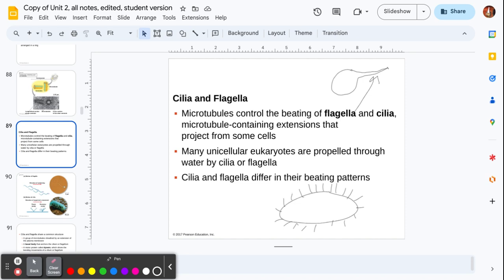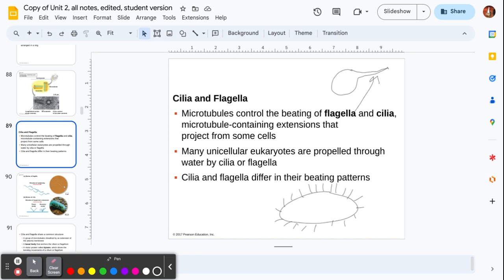There are cells in our lungs that have cilia, and if we get some debris or dust into our lungs, the beating of those cilia will push it back up into our throat where we can cough it back out. Okay. Or blow it back out if it's in the nose.